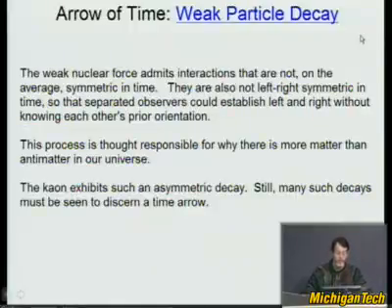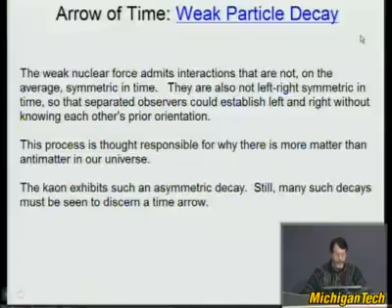The weak nuclear force and weak particle decay. So it turns out that if you watch some particles decay, they decay through an unusual thing called the weak nuclear force, beta decay, something like that. So this breaks symmetries. For instance, this breaks left and right symmetry. So previously in physics, what decayed to the left could have decayed to the right for all anyone knew. But with a weak nuclear force, it actually has a preferential direction that it wants to decay.